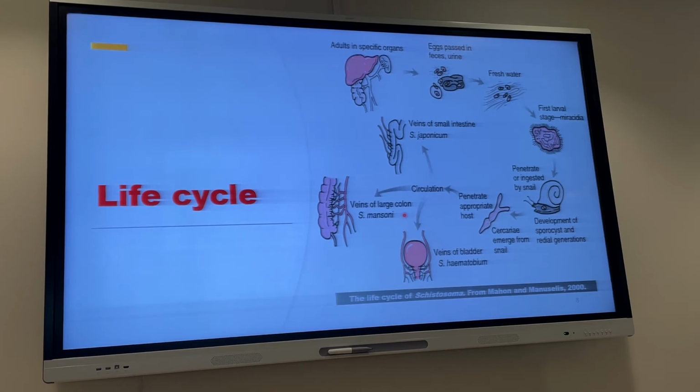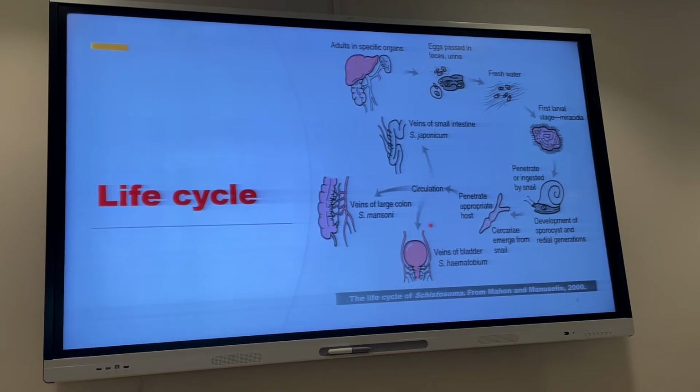With other species, say for example mansoni, it's going to be the mesenteric veins that drain the large colon or the small intestine, okay? Depending on the species. Now, these adult worms as well coat themselves with the host antigens. So both the schistosomule, or the schistosomula for many, and the adult worms do not elicit an immune response because they've already coated themselves with host antigens, so the body does not see them as foreign.